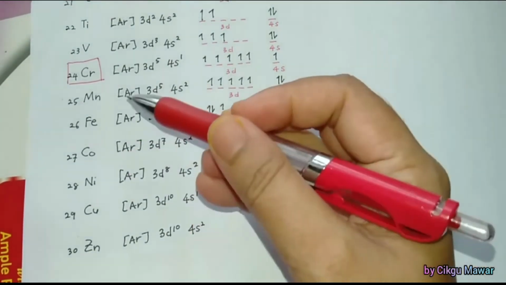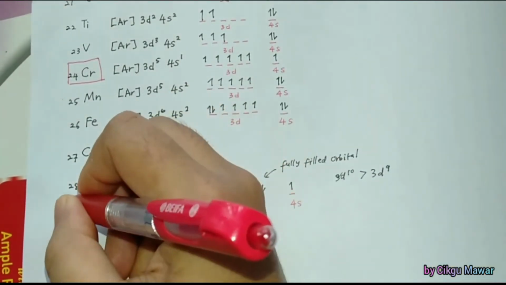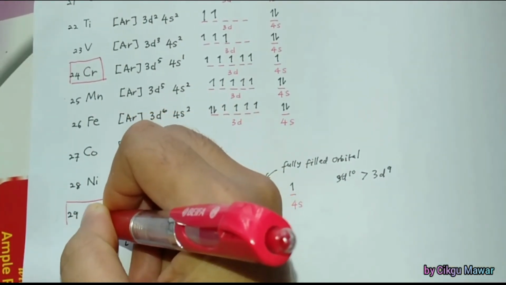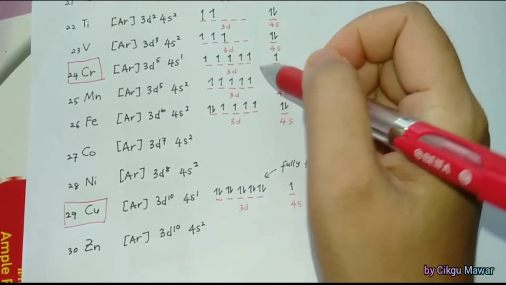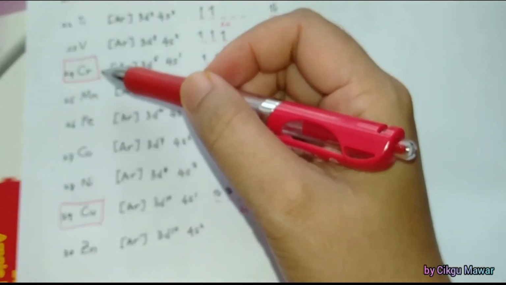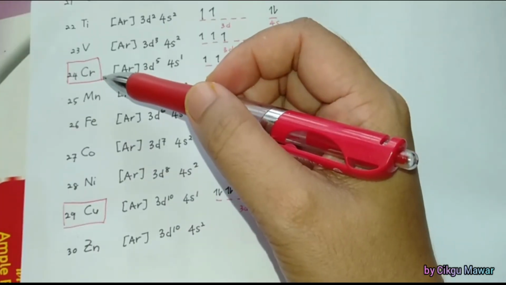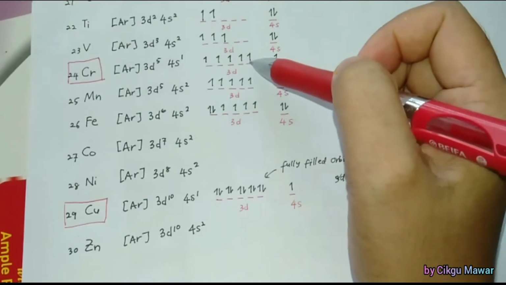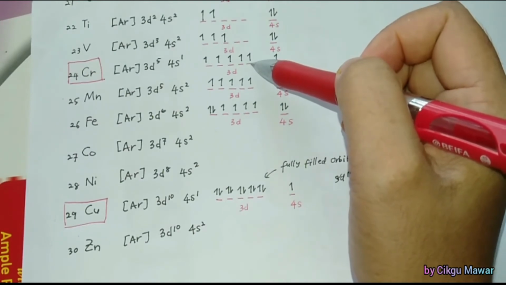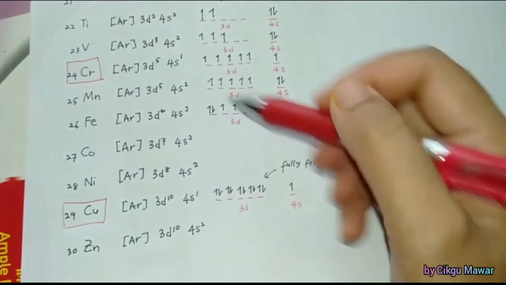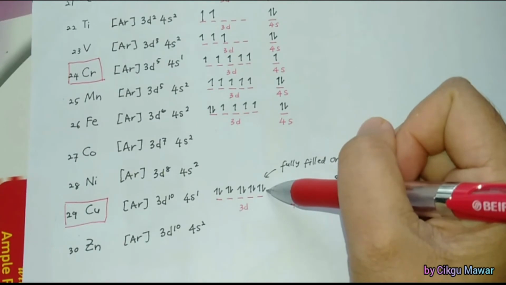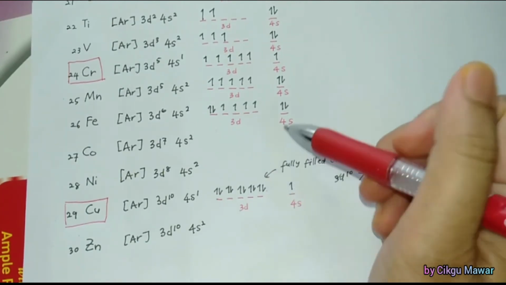So for chromium and copper, they have different electronic configurations, because for chromium the half-filled orbital is more stable compared to partially filled, while for copper the fully filled orbital is more stable than partially filled orbital.